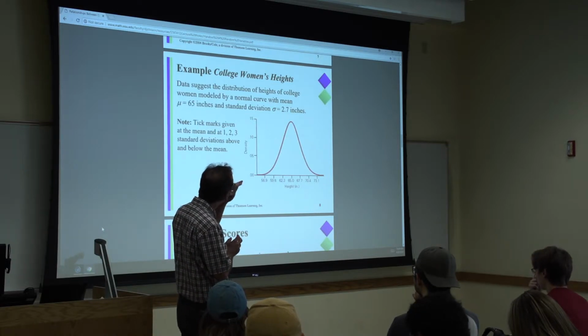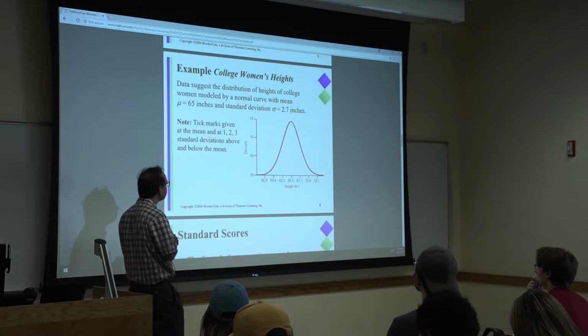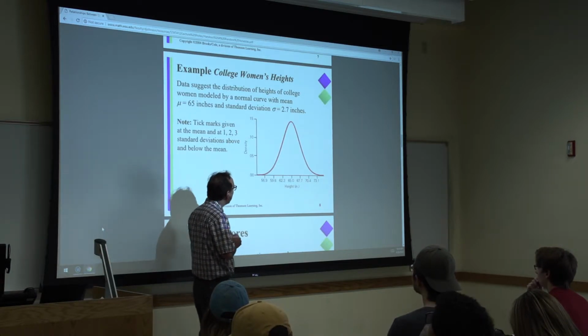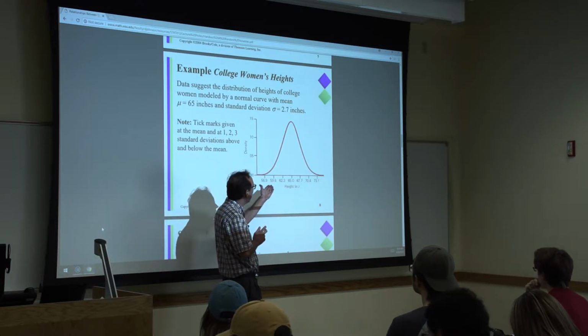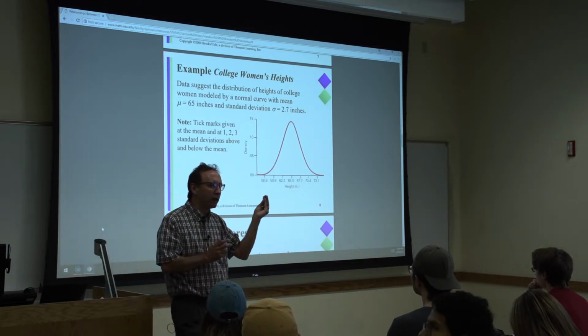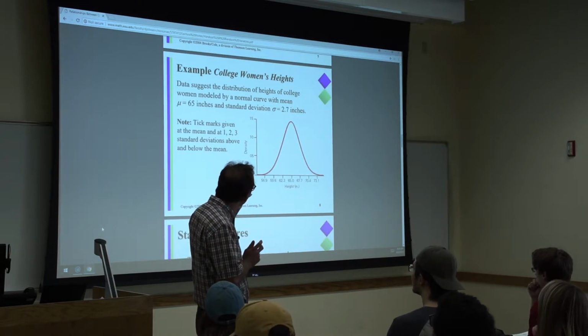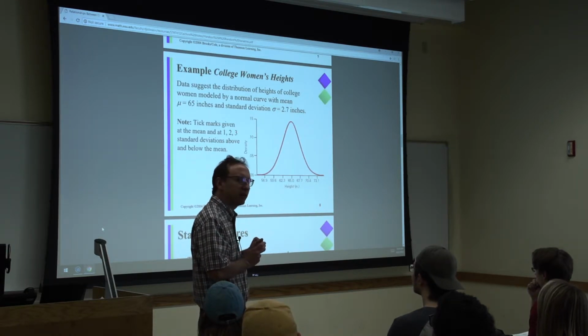So we're using this normal curve to approximate the population distribution for this variable. Suppose I ask, what if I randomly select a female student from this population? What's the probability that her height will be greater than 67.7 inches?